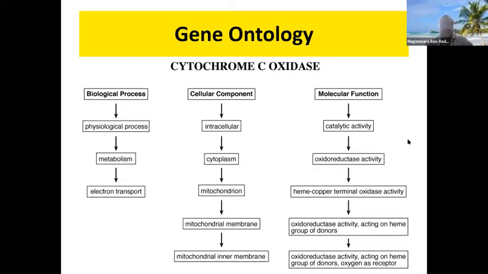So this gene ontology will tell you what that gene does, or what function that gene has, based on the biological process, the cellular component, or the molecular function.